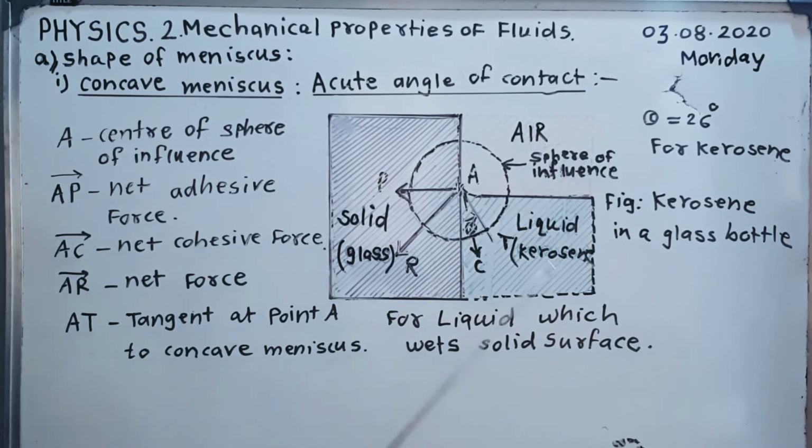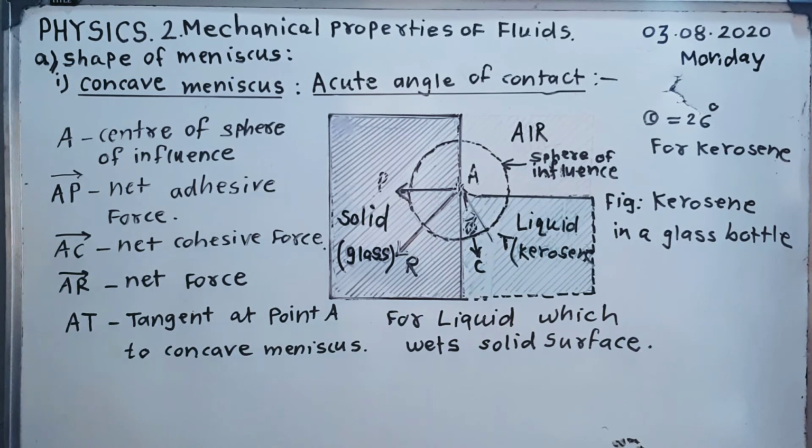AR and AT are perpendicular to each other. Hence, what will happen? This molecule A, which is exactly at the interface of these 3 media, glass, kerosene and air, makes a meniscus concave as shown in the figure.